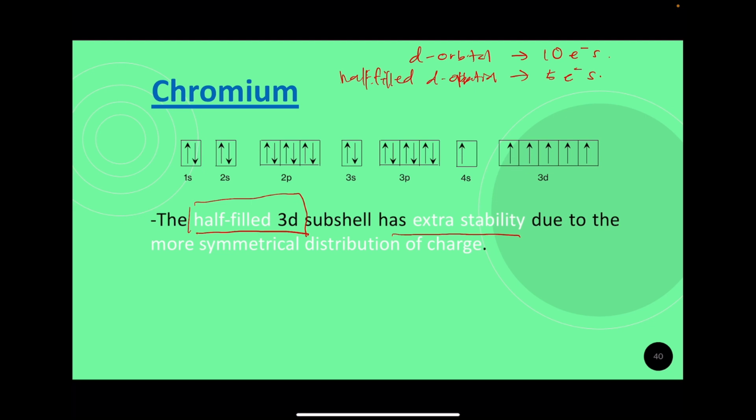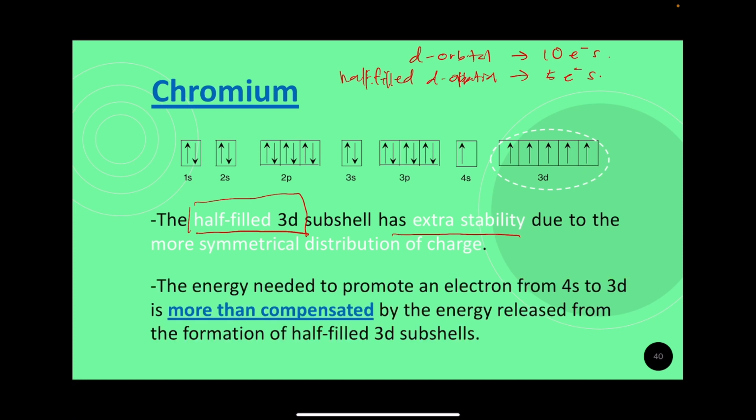That's why it will do the rearrangement from 4s to 3d. So this is how to write down or to draw the electron configuration for chromium. As I said before, the energy needed to promote an electron from 4s to 3d is more than compensated by the energy released from the formation of the half-filled d orbital.